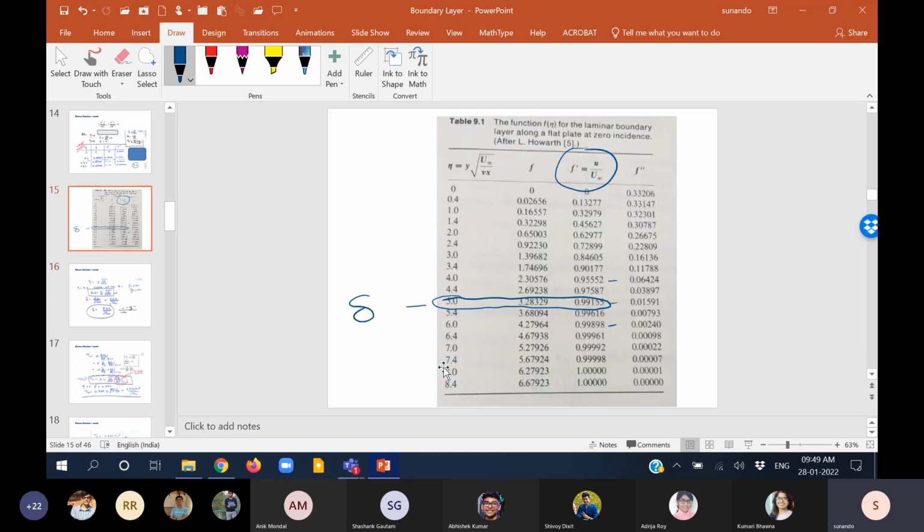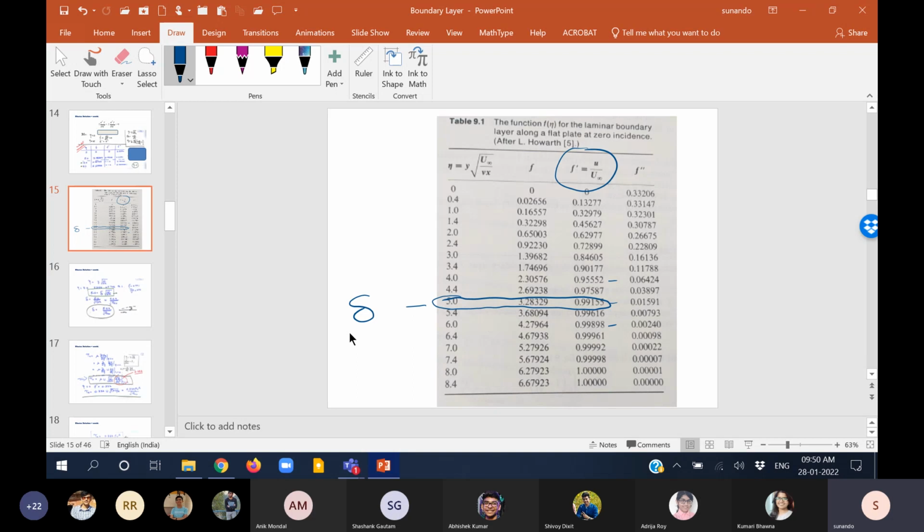Now, if you think about getting more information out of this, one parameter of engineering importance is delta. The question is, what could be other engineering parameter that you think would be useful in this case? For flow over a flat plate or any plate, the thickness of the boundary layer is an important parameter.